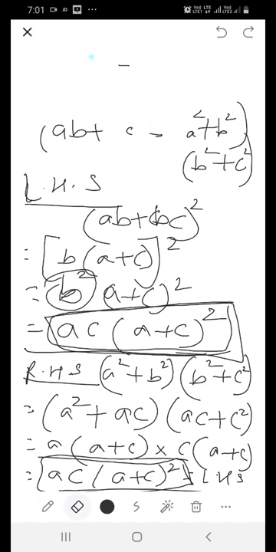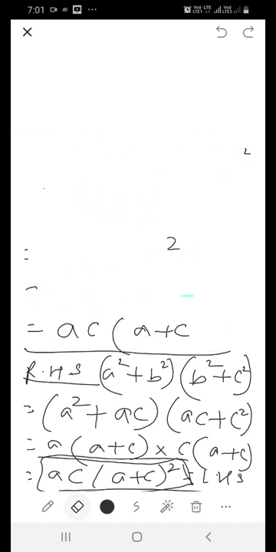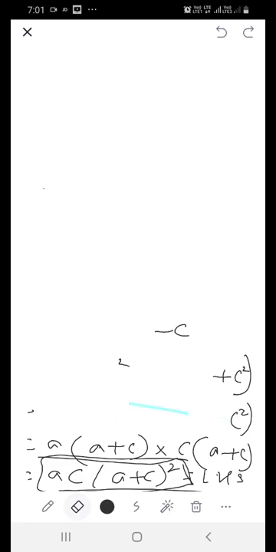Now I am taking up 16th, 17th, 18th, 19th. They are based on the same pattern. Now I am taking up the 17th question. What the question says?